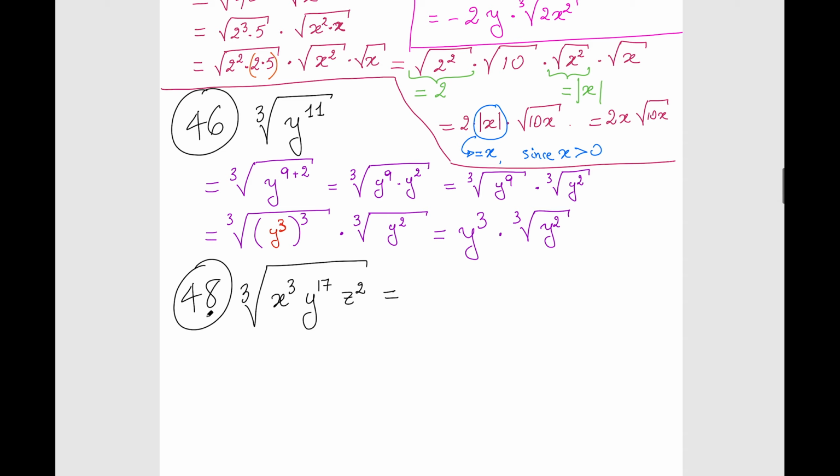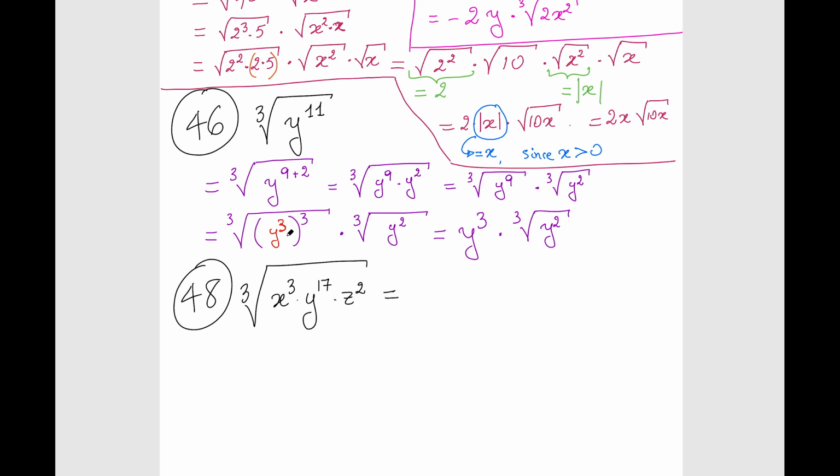48. Well, 48 is the third root of x cubed times y to the power 17 times z squared. Okay, so what I'm going to do is split them up, because I still have a product in between. I'm going to split them up using the product rule for radicals to keep homogeneity for each radicand, right?